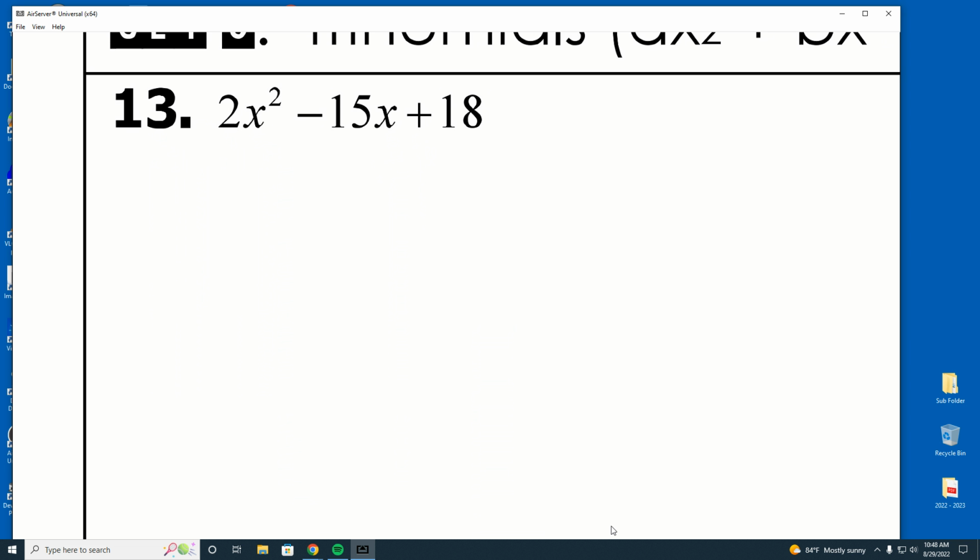In this problem, can I factor that 2 out? No. In the problems that we just did, I could factor whatever that coefficient was up front, and it left me with another trinomial where my coefficient was still 1. But now it's not 1. It's a 2. So I have to factor this differently.